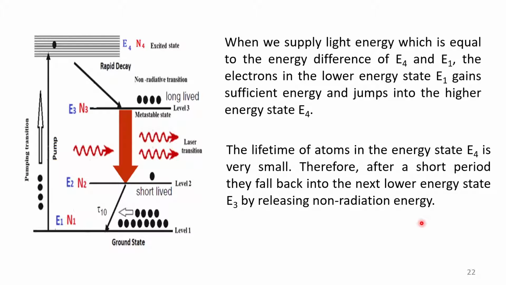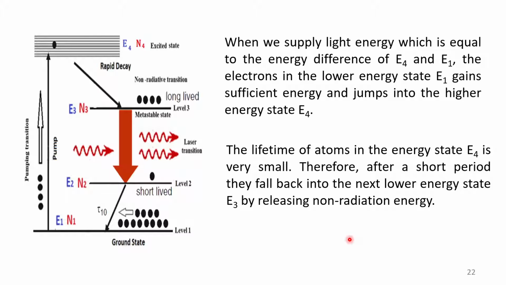Now, when we supply light energy equal to the energy difference between E4 and E1, the atoms in the ground state gain sufficient energy and jump into the higher energy state E4. But we know that the lifetime of the atoms in E4 is very small. Therefore, after a short period, they fall back to the next lower energy state E3 by a non-radiative transition.